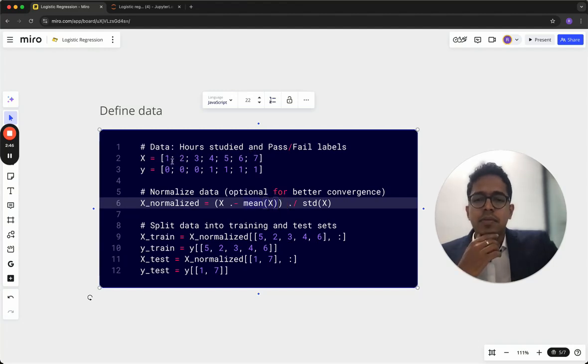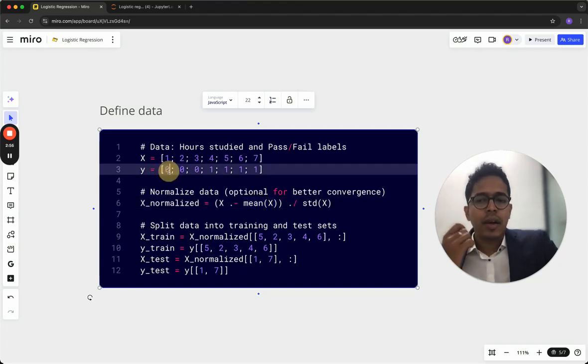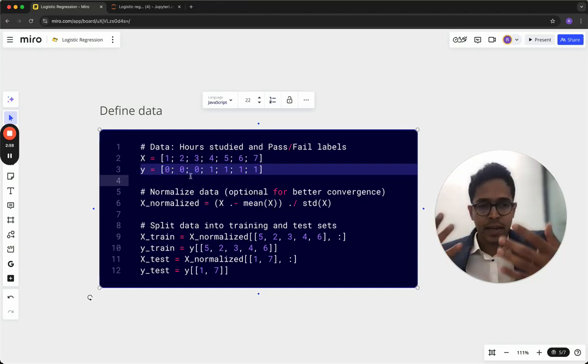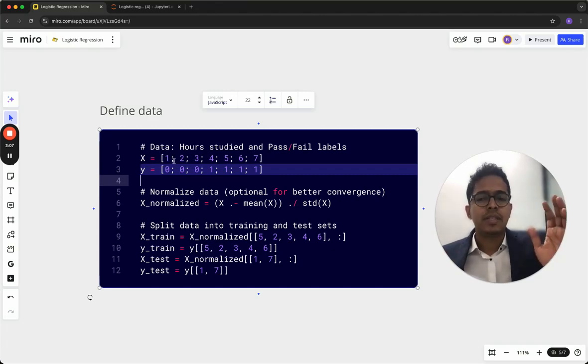So the mean of X will be 4 in this case, and you are subtracting 4. So this will become -3, -2, -1, 0, then 1, 2, 3. And you don't have to normalize y because y is already a categorical variable. It has only two values, 0 or 1. And you are dividing by the standard deviation so that instead of the range being -3 to 3, it will become something else. It will be a shorter range.